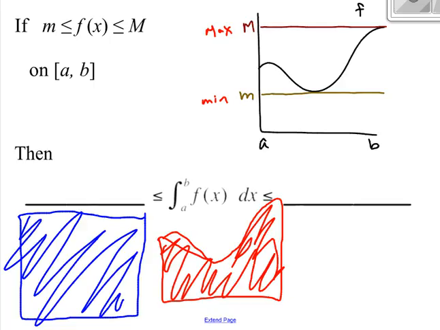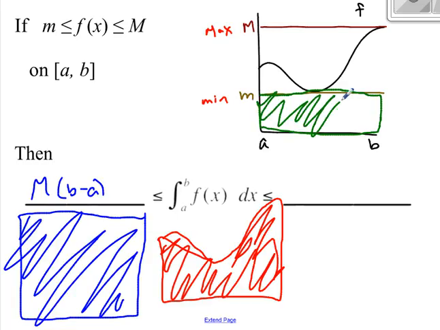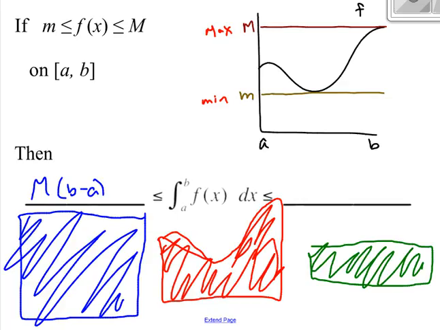That blue region has a height of big M and a width of b minus a. We also know that it's bigger than this rectangle, and that green rectangle has a height of little m and a width of b minus a.